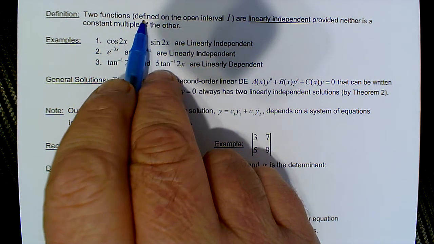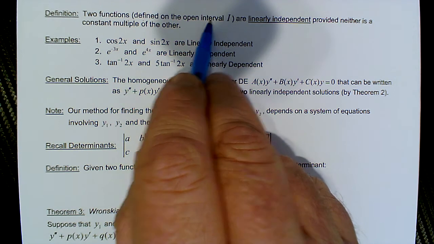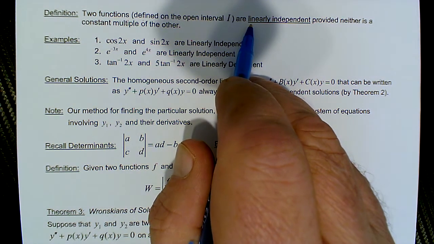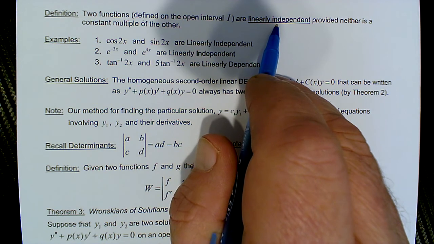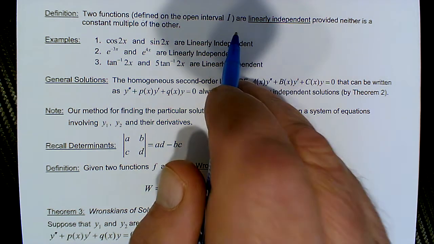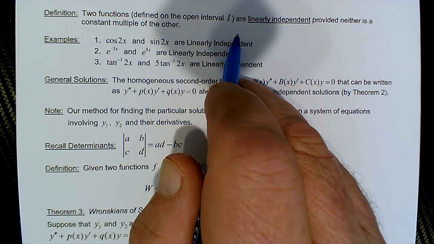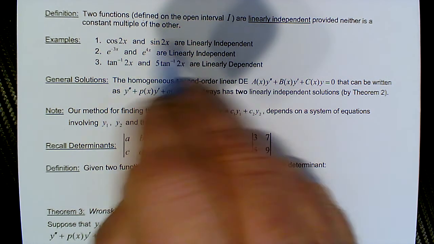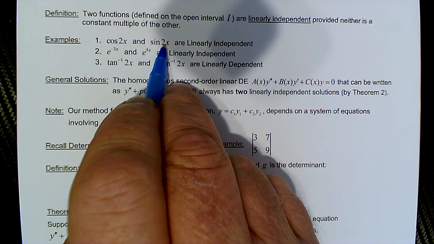And again, we often see this open interval I thing. Nothing to be majorly concerned about, but we call them linearly independent, provided neither is a constant multiple of the other. So, for example, cosine and sine are linearly independent because you can't express one as a multiple of the other.